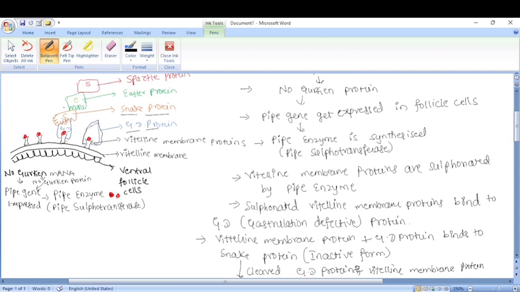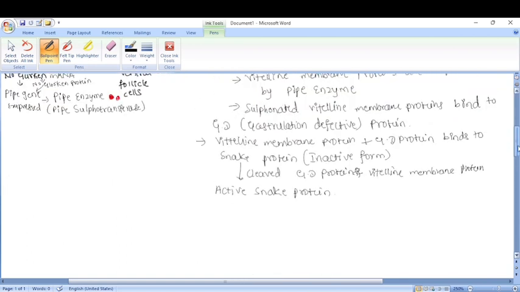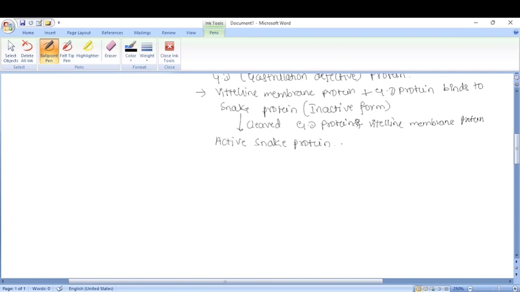Now activated snake protein will bind to another protein that is called the Easter protein. Easter protein is also in the inactive form, and this Easter protein will be activated, cleaved by snake protein.